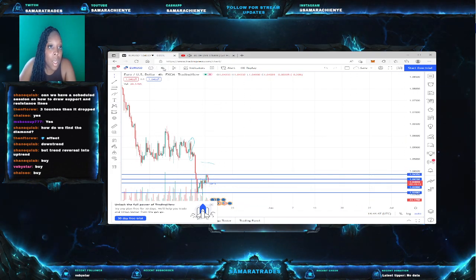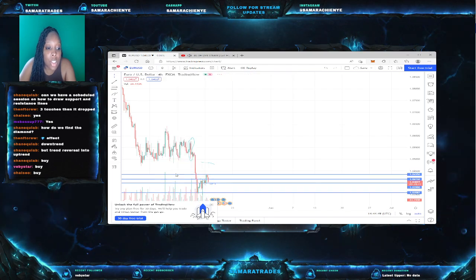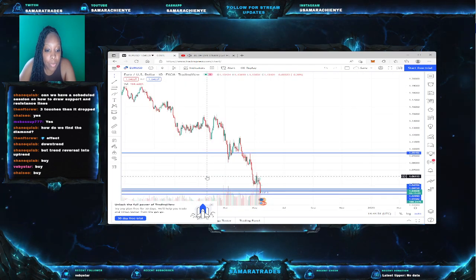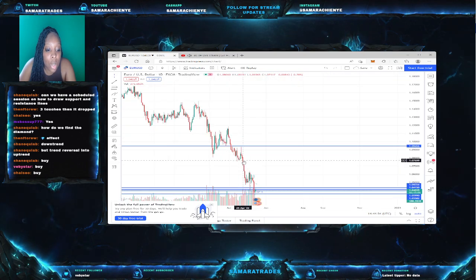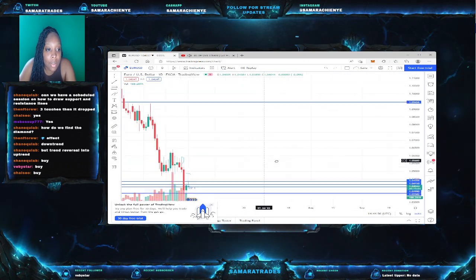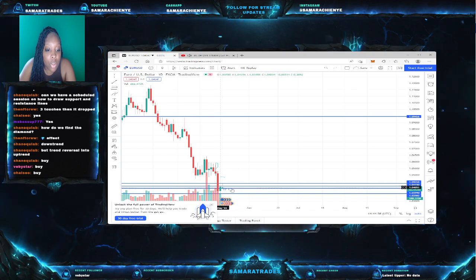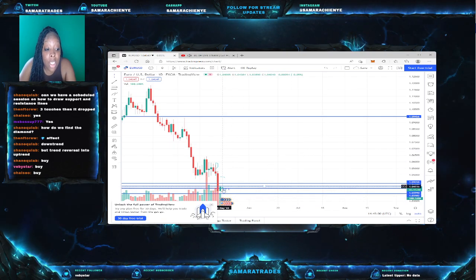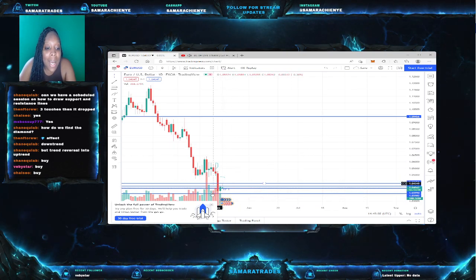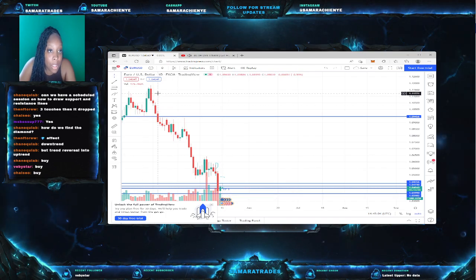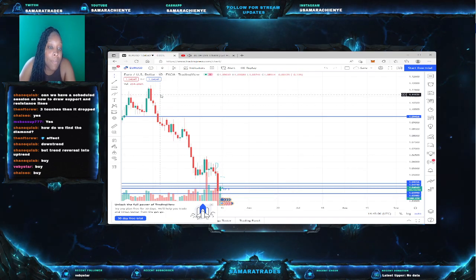Okay? We're going to look at our day chart, see what the day chart is doing. The day chart is now trying to formalize our reversal trend. Okay, so the day chart is always going to be behind our other time frames, because why? Those time frames are shorter.